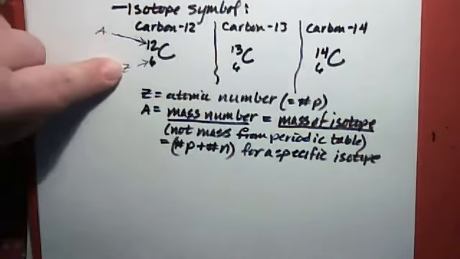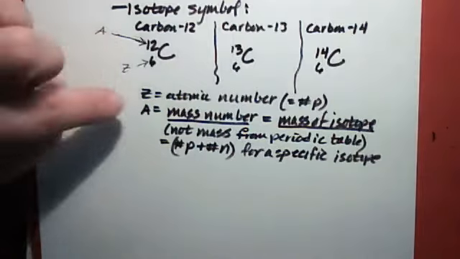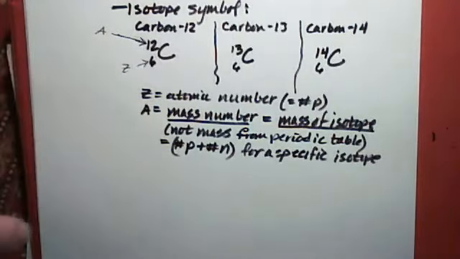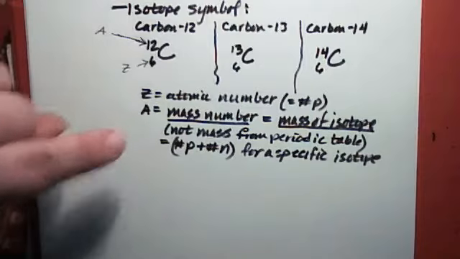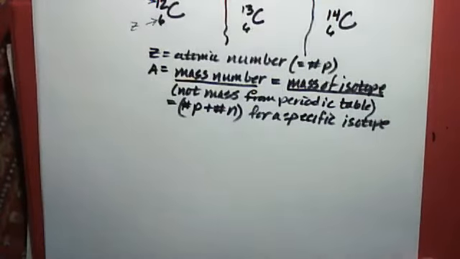Just about every element in the periodic table has at least 2 isotopes, and each of those isotopes will have its own mass number. Remember, the mass that you see in the periodic table is actually just a weighted mass of the masses of all of the isotopes. All right, so those are the symbols.